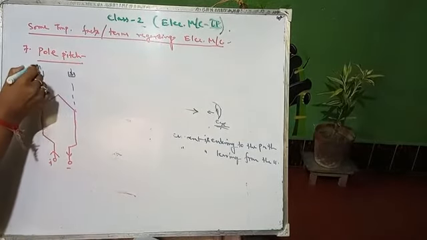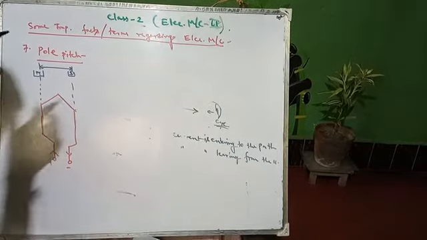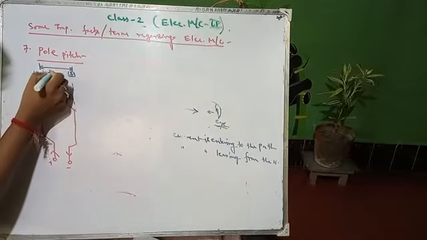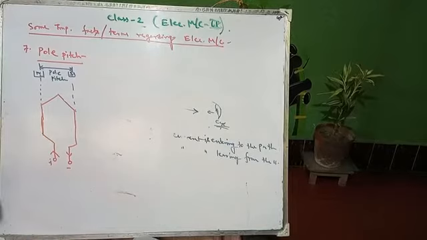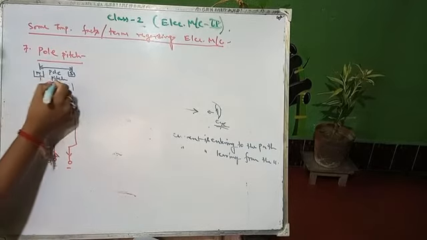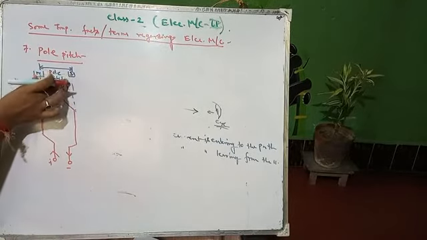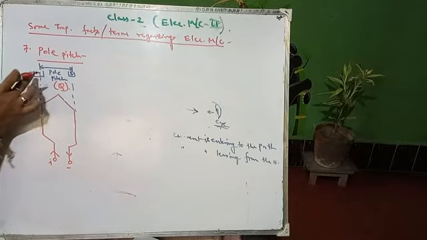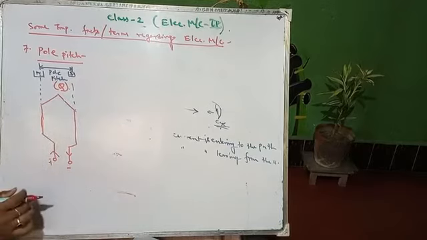The distance from North Pole to South Pole is the pole pitch, which can be expressed as Q. So pole pitch is the distance between adjacent North and South poles within a winding.